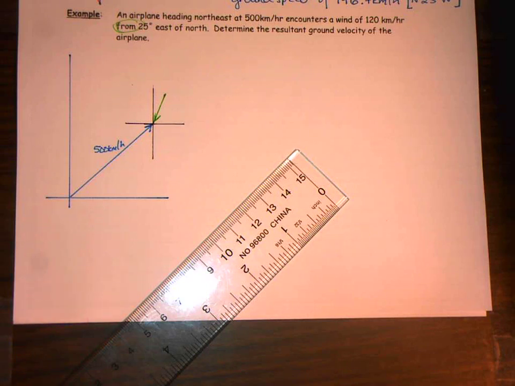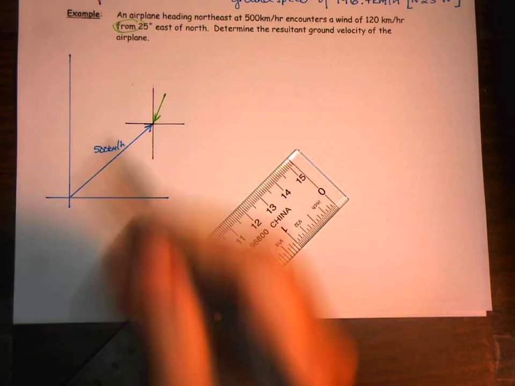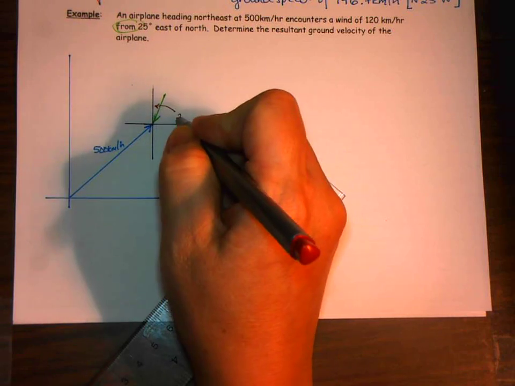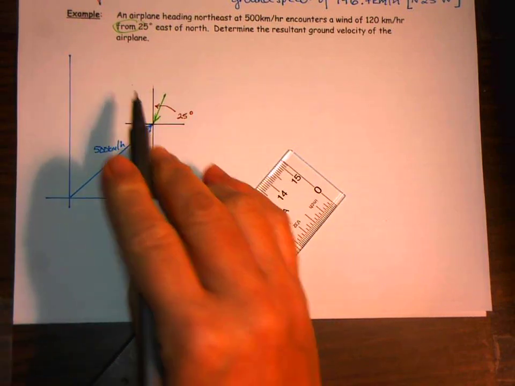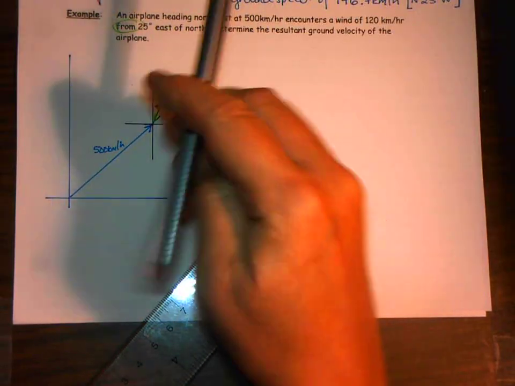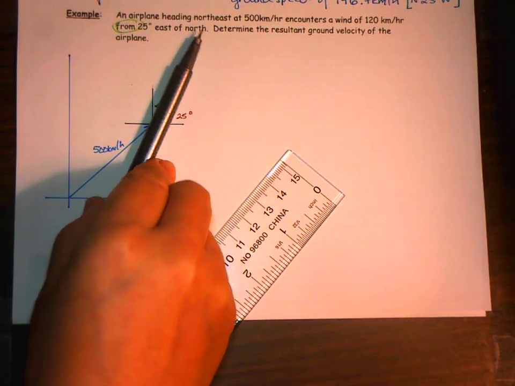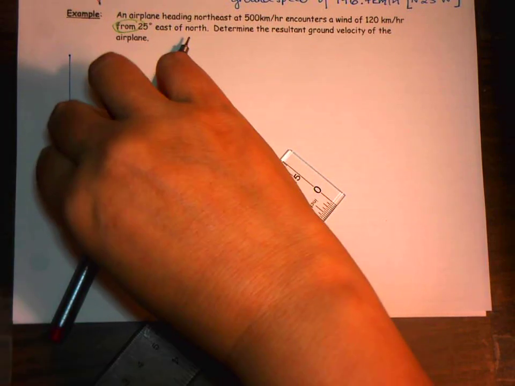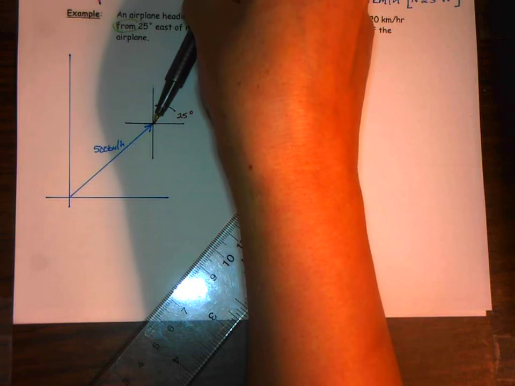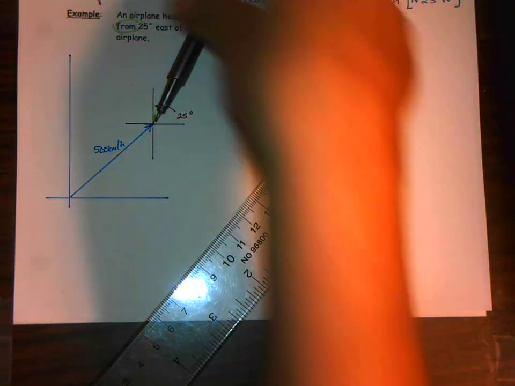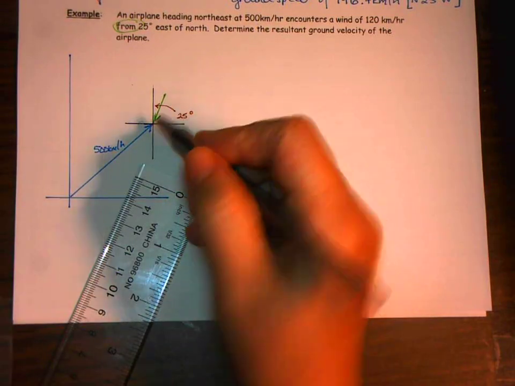And I know that this angle in here is 25 degrees, since it was coming from 25 degrees east of north. So 25 degrees east of north would be like this normally, but because it's coming from, you have to kind of spin your vector around and have it coming in this direction. Okay. This vector over here doesn't really help us much.